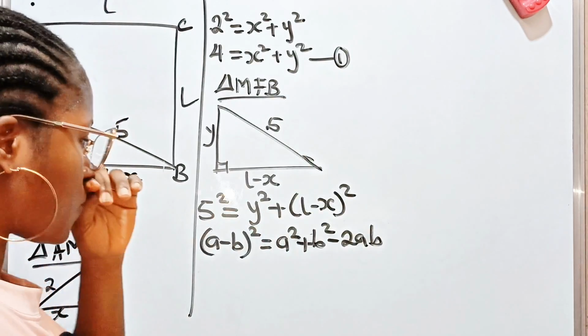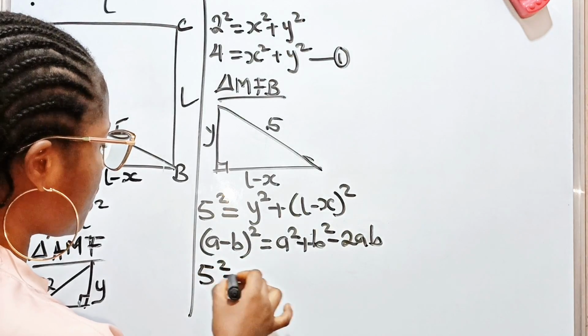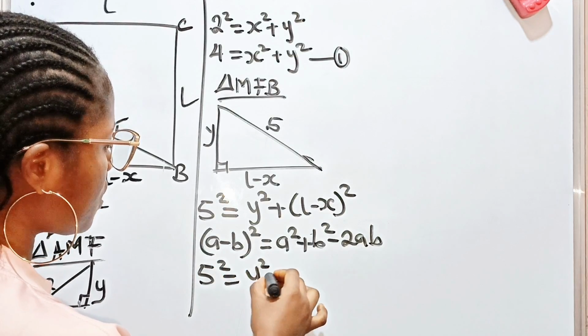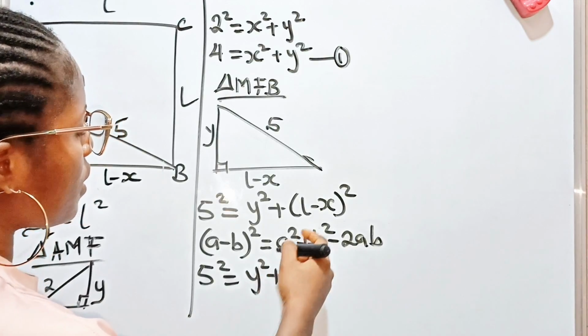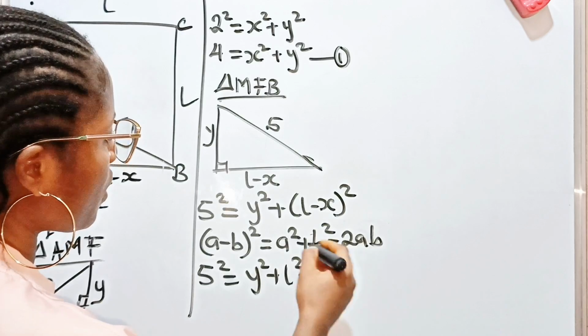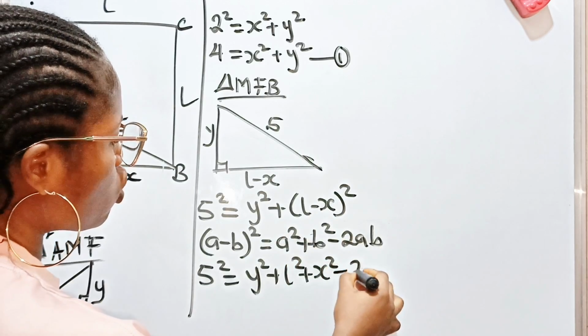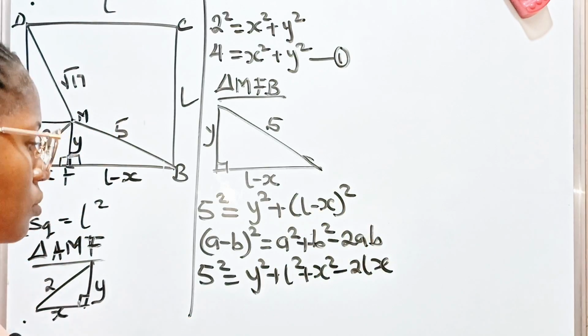I like writing it this way. So that means that we have 5 squared is equal to Y squared plus, so this will be L squared, then plus X squared minus 2 multiplied by L multiplied by X.